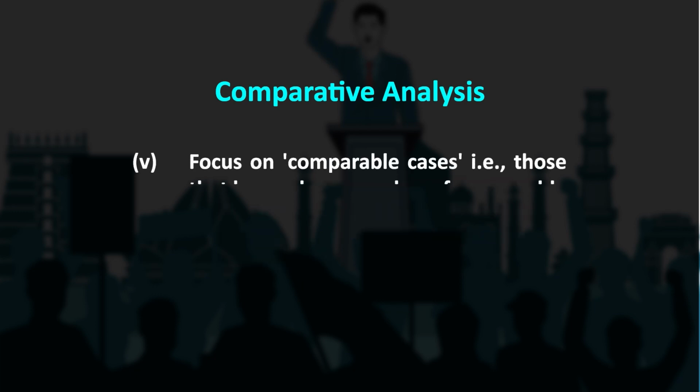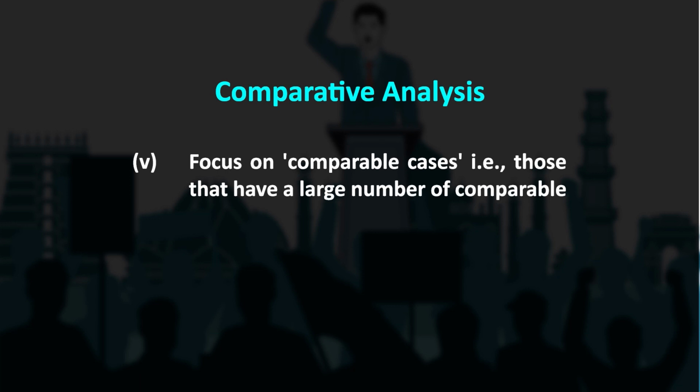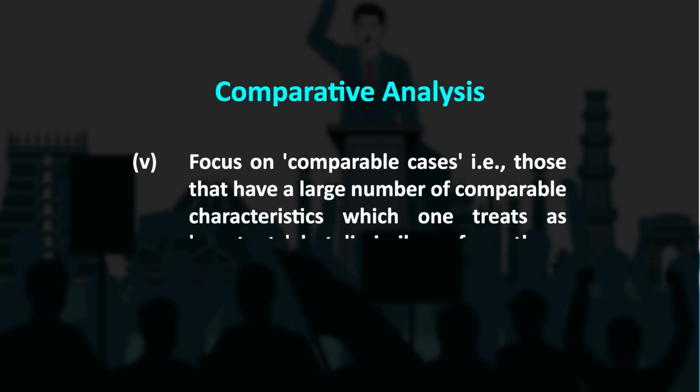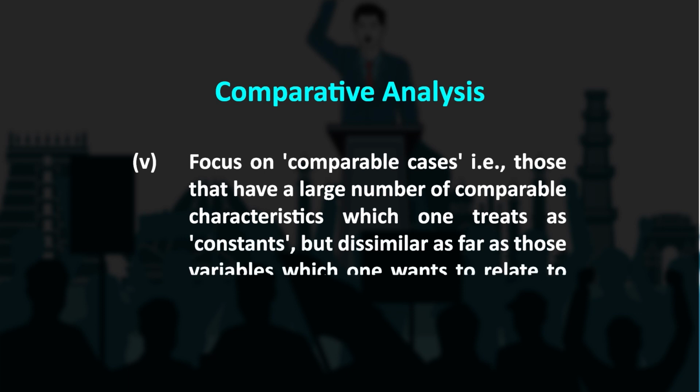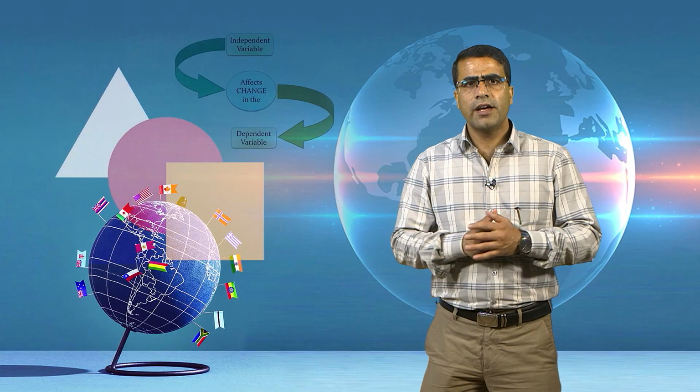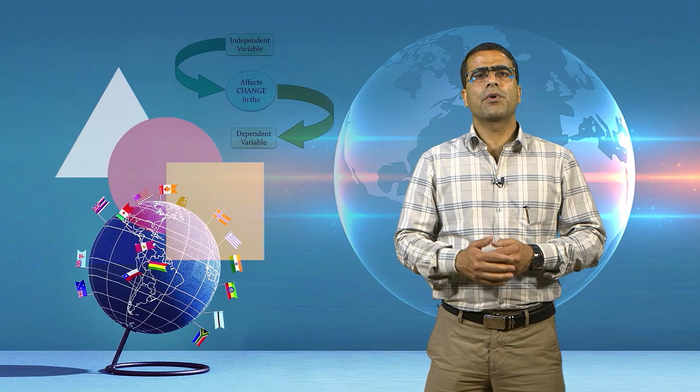Fifth, focus on comparable cases, that is, those that have a large number of comparable characteristics which one can treat as constants, but at the same time dissimilar as far as those variables which one wants to relate to each other. Here, the area or regional approach is useful.